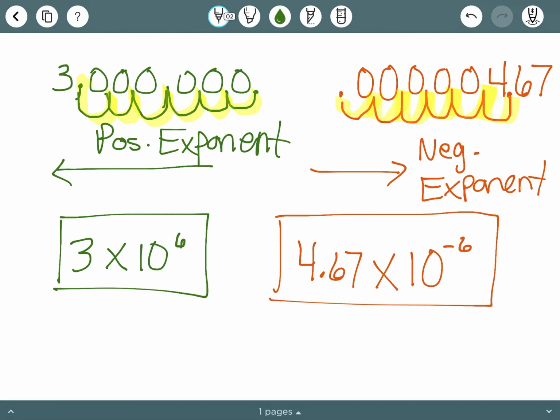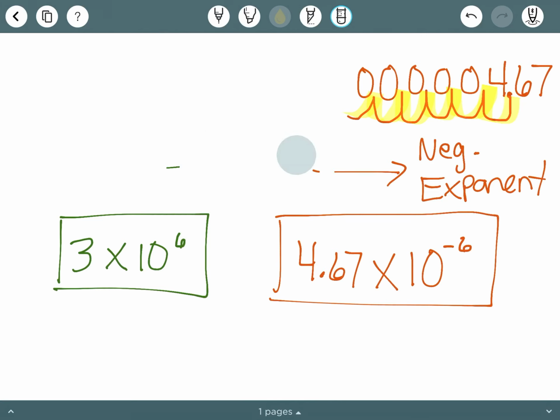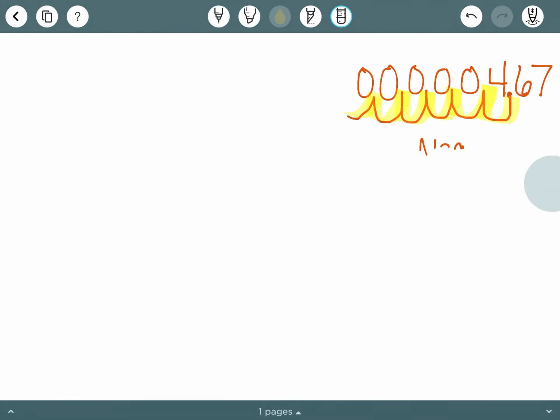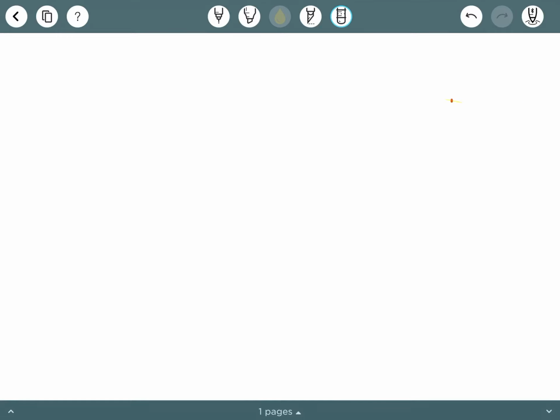And another way you can tell, sometimes the way I think of this is, if it gives us a little teeny tiny number, like it does here, so if it gives us a number that's less than 1, there's going to be a negative exponent. And then if it gives us a really large number like here, that's going to give us a positive exponent. All right, so if you got those, great job. Now we're going to take some numbers in scientific notation and put them into not scientific notation, which is known as standard form.